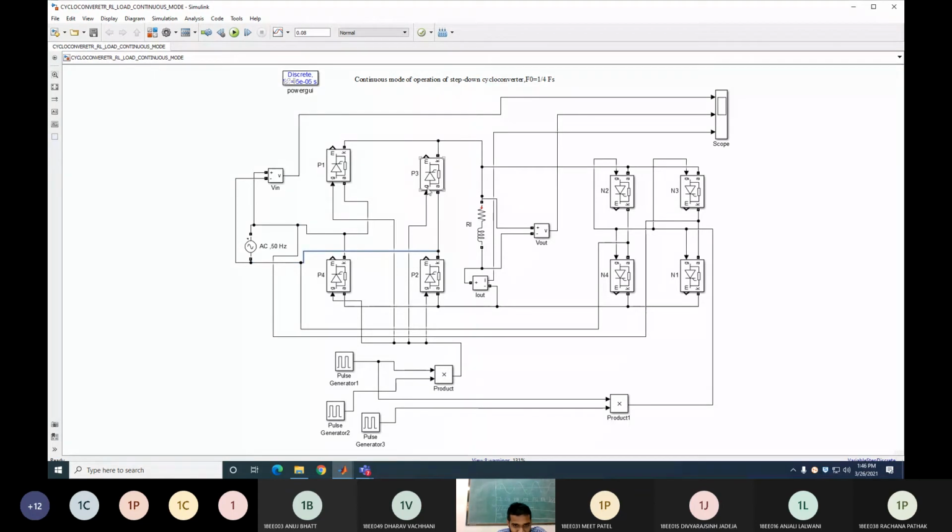cathode of P4 and the positive polarity is connected with the anode of P3. Here P3 and P4 are conducting because they are gated. So this positive polarity of voltage, because of conduction of P3, comes here at this point. Yes or no? Yes, sir. And what is this terminal? This is the cathode of P1. This is the cathode terminal, the upper terminal. At that point the positive terminal of your supply comes because of conduction of P3.